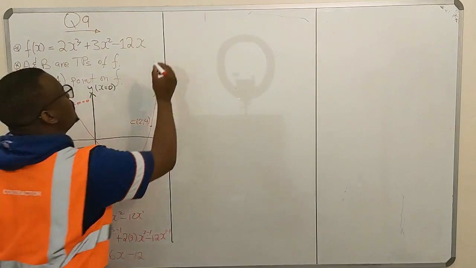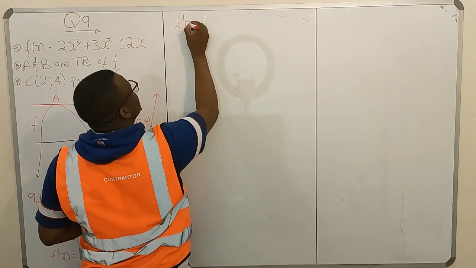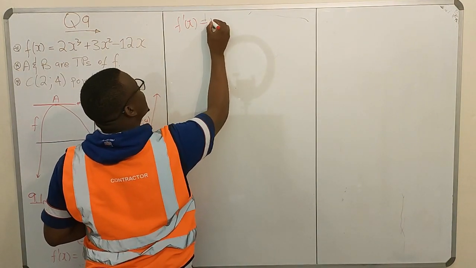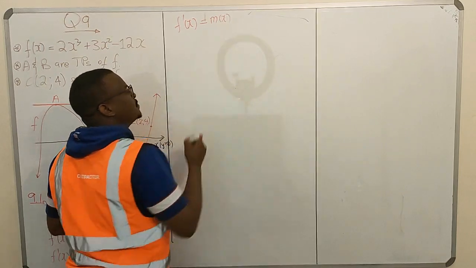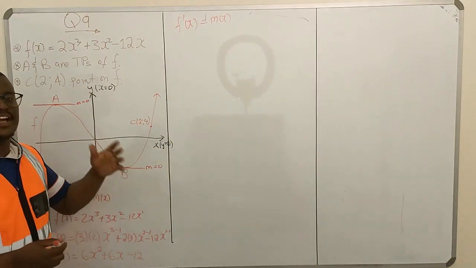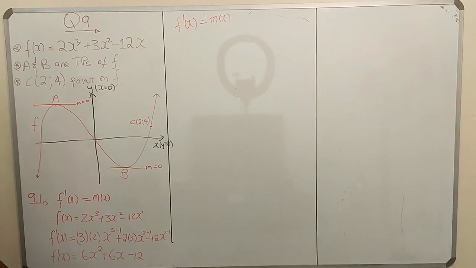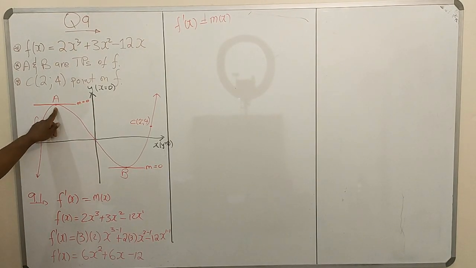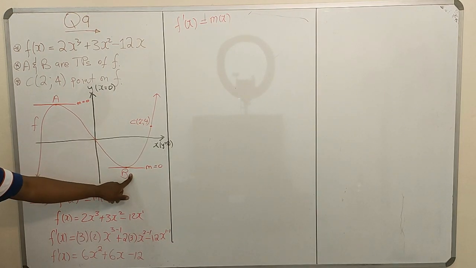So f prime of x gives you the gradient at x. But at this point here, you know that your gradient is what? Is 0. And you know the gradient is also 0 here as well.